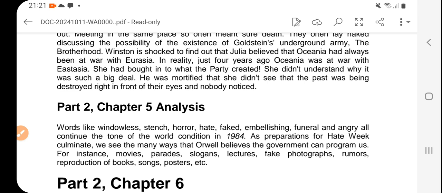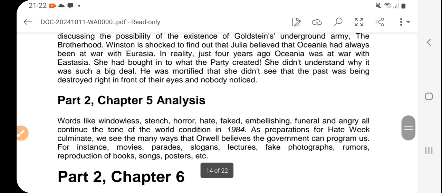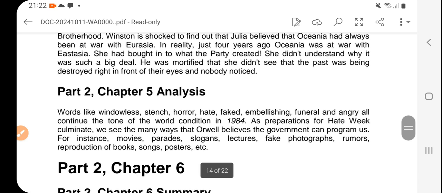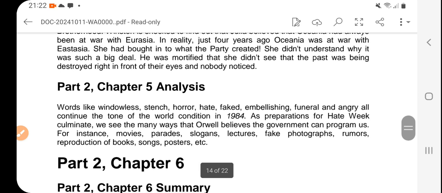Winston is shocked to find out that Julia believed Oceania had always been at war with Eurasia. In reality, just 4 years ago, Oceania was at war with East Asia.